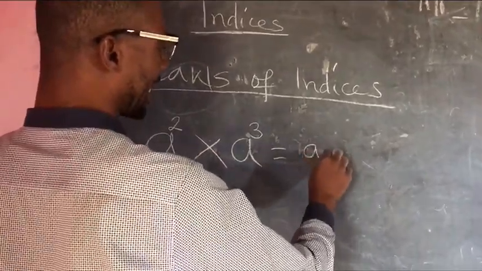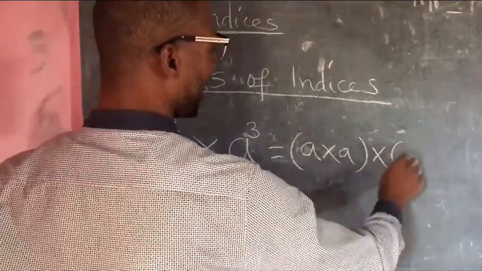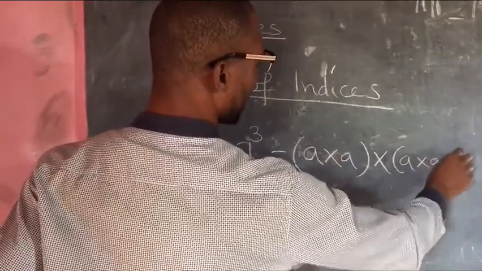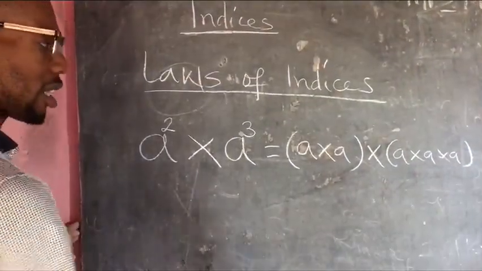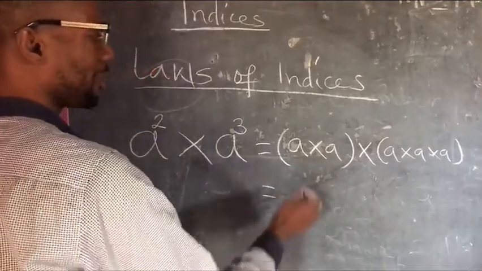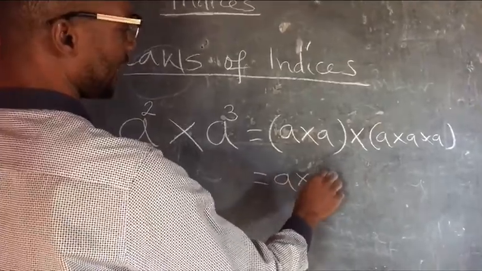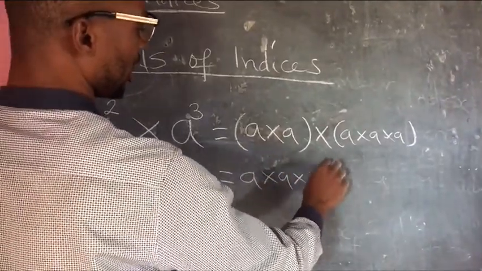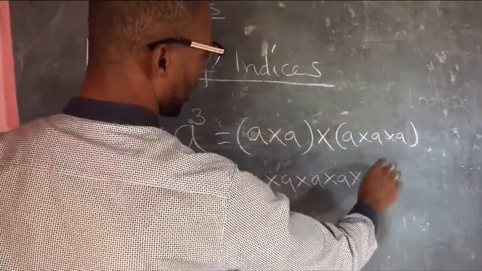It means say I get a times a, like this. Then I multiply it again: a times a times a. Now what happens? If you remember our algebra, we multiply everything. So we just multiply a times a times a times a, or they remove this bracket, times a times a.